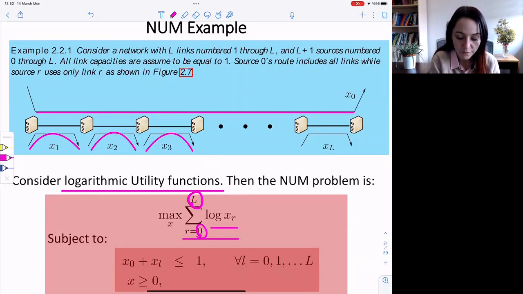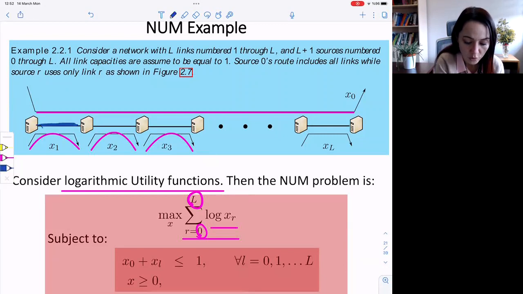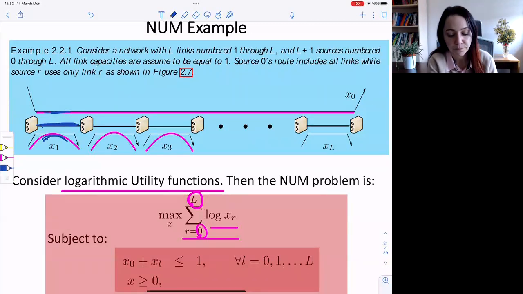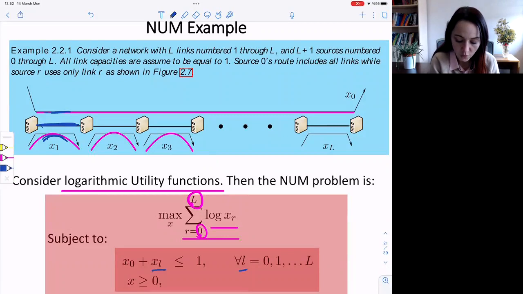First of all, for every link, what is the total rate that goes on that link? The rate of flow 0 plus the rate of the flow that uses only that link. So for every link l, we have flow l, which brings a total rate of x_l, and flow 0, which brings a rate of x_0.